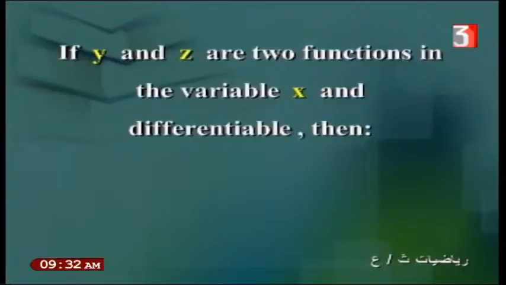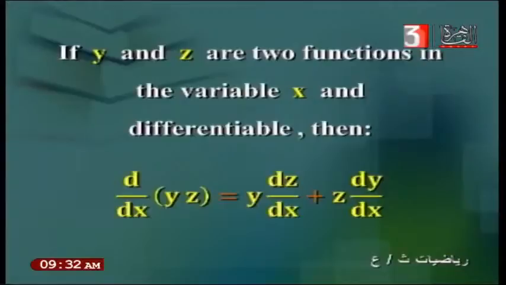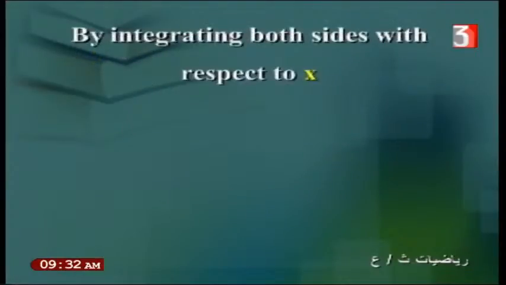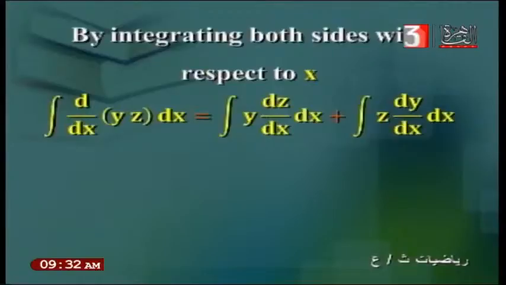If y and z are two differentiable functions in the variable x, then the derivative of the product yz with respect to x equals y times dz/dx plus z times dy/dx. By integrating both sides with respect to the variable x, the integration of the derivative of yz with respect to x dx equals the integration of y dz/dx with respect to x plus the integration of z dy/dx with respect to the variable x.